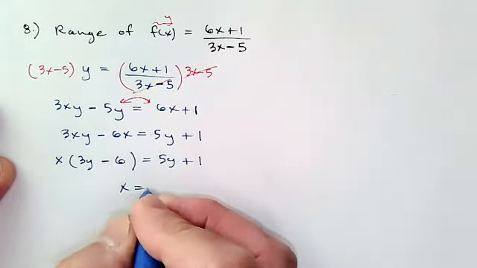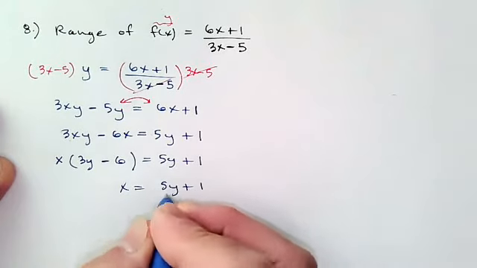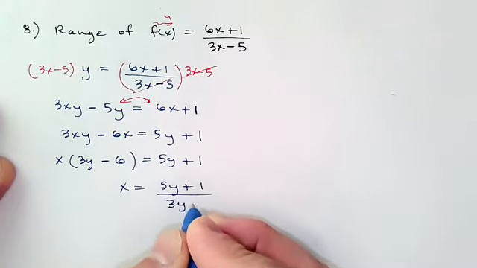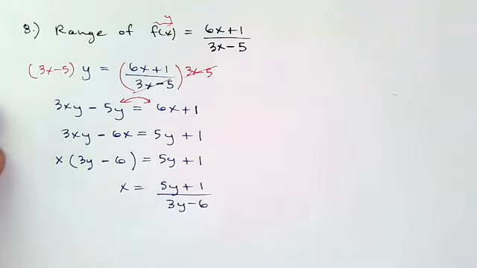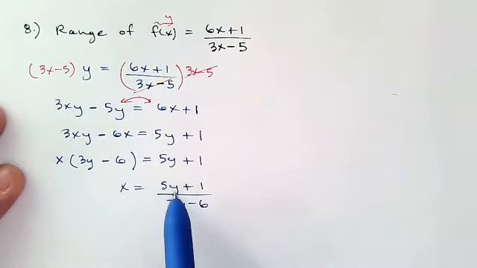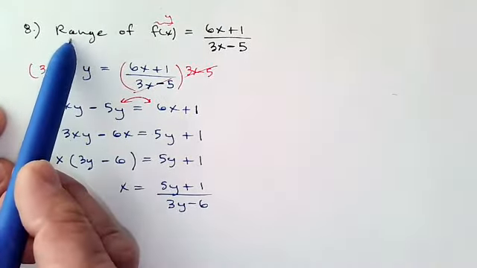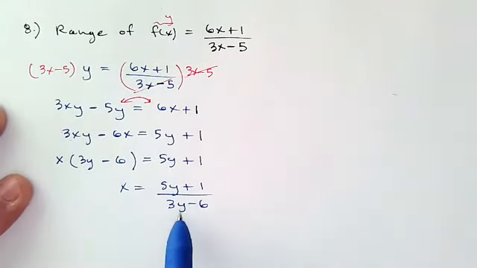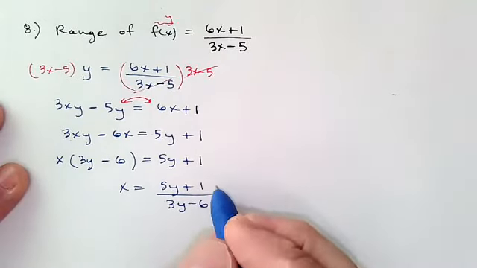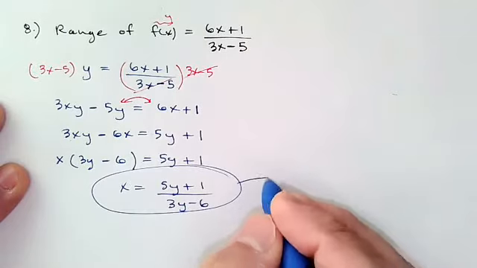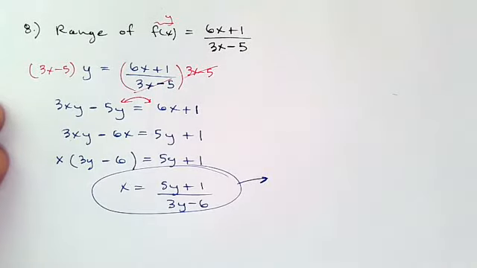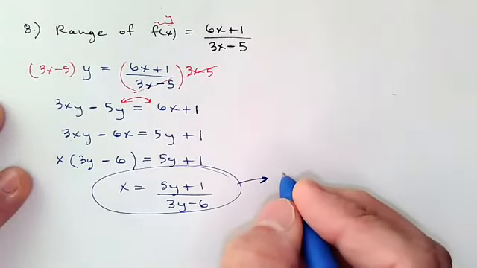And then if I solve for x, I get 5y plus 1 over 3y minus 6. Now, I'm going to take this chance, it just says find the range. It never said find the inverse. I could take the additional step of switching x and y and calling that the inverse and then finding the domain. But if you just look at that, I bet you can already tell me what y can't be, right?